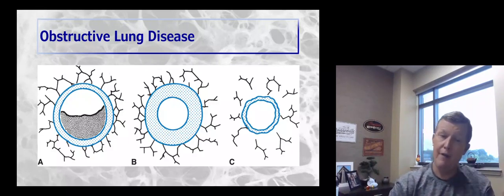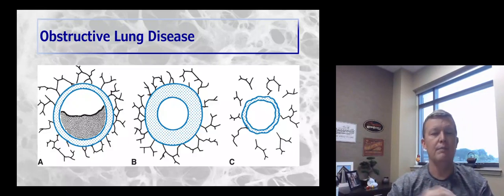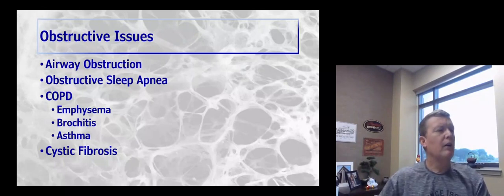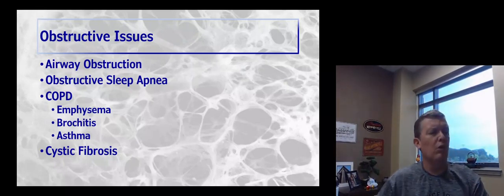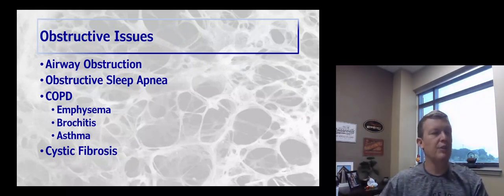There will be patients who have A, but they also have A and B. And patients will have A and B and C. And people will have B and C. Patients will have A and C. So there will be a combination of pathologies that go into different people's lung conditions and subsequently how we manage them as healthcare providers. So there are these four major categories, and one of those categories has three distinct manifestations.